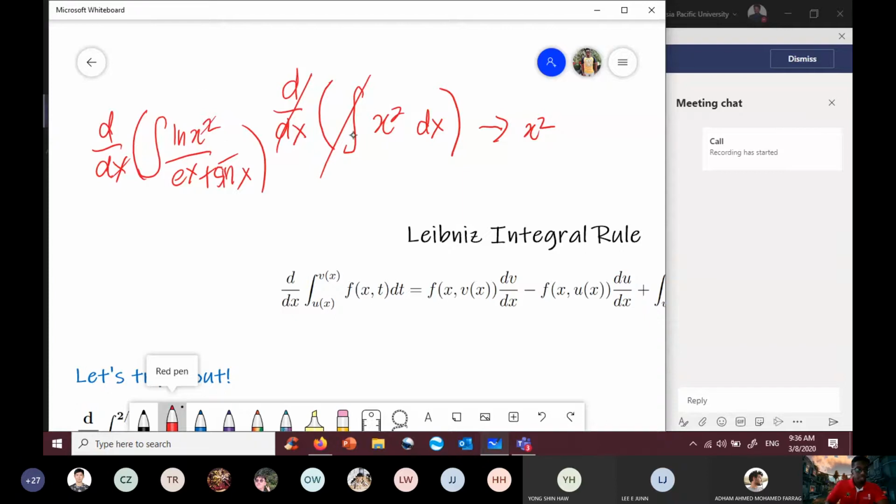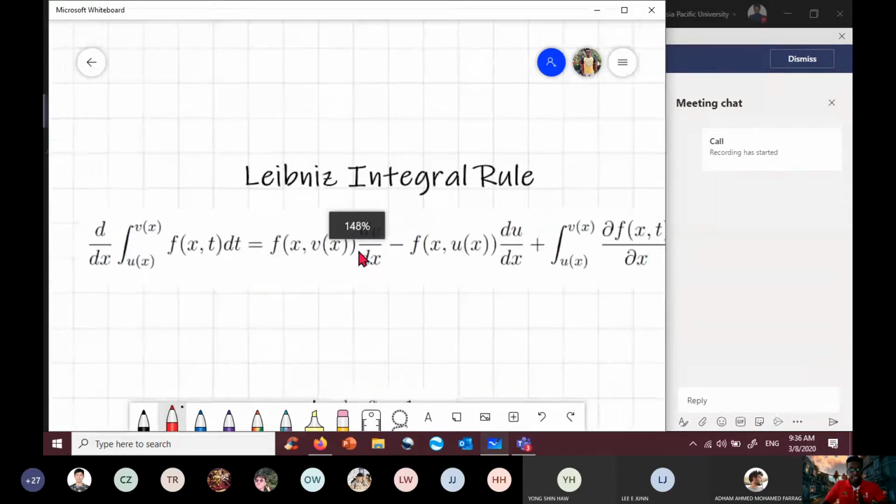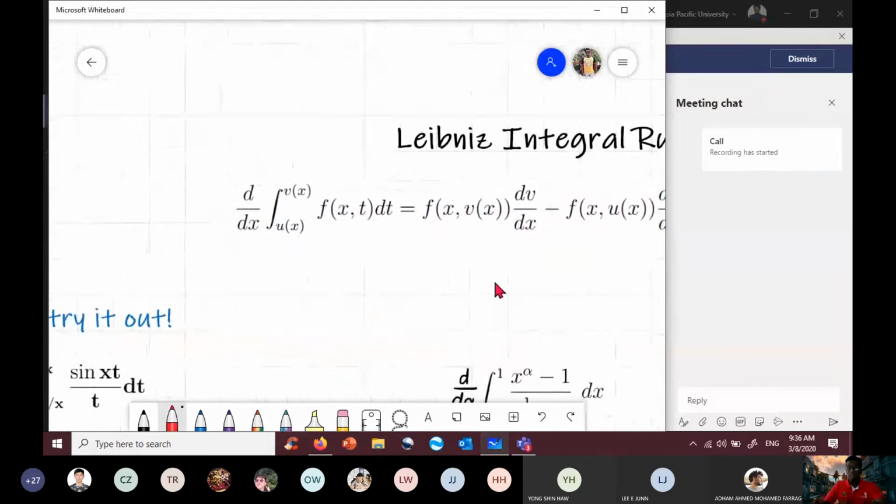But what if, let me show you another scenario. All right, now, what if you consider this case? Ignore the formula for the moment, but let's just look at the type of the expression.